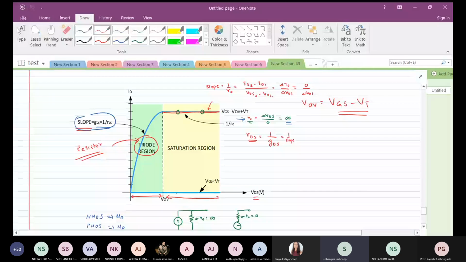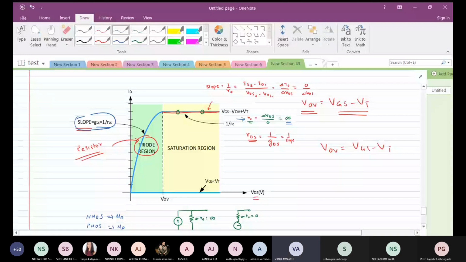So if my VDS is very small, falling below VOV, what is VOV? So if my VDS is falling below VOV, where will the transistor go? It will go in the triode region.